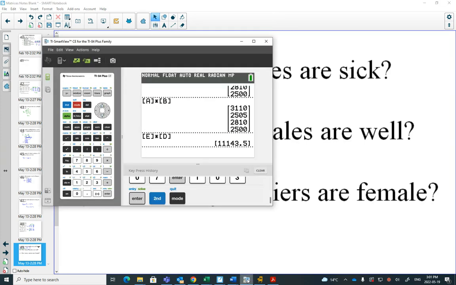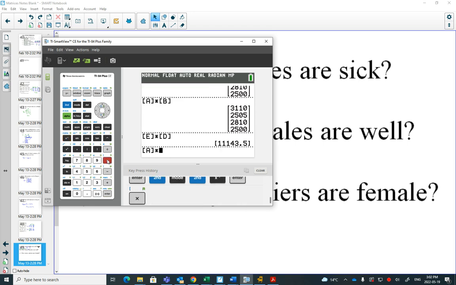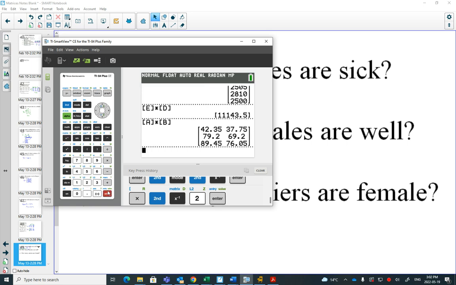Go to my calculator, A times B. We've got a little bit of a problem here. Half a person. Because we're dealing with percentages, it says to round to the nearest whole number.